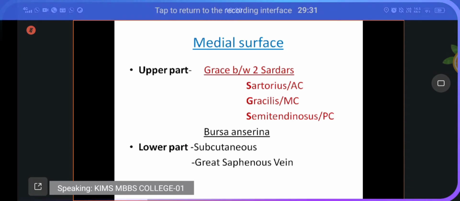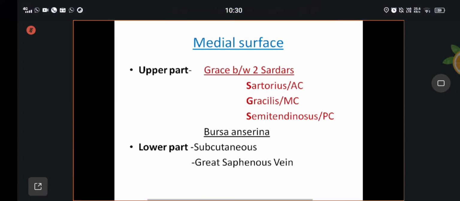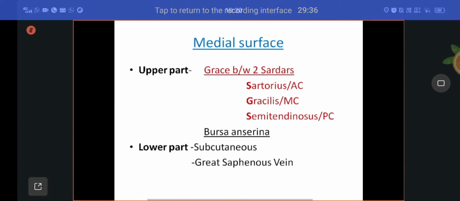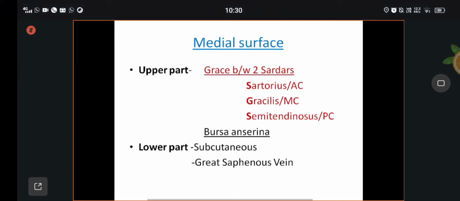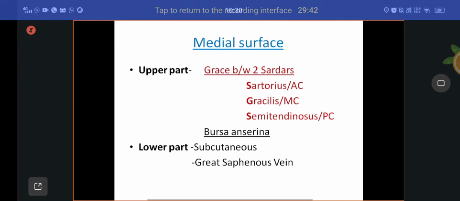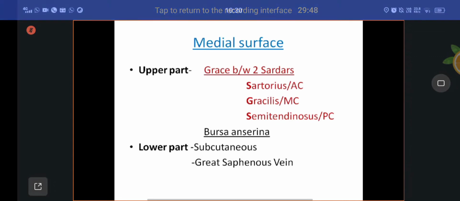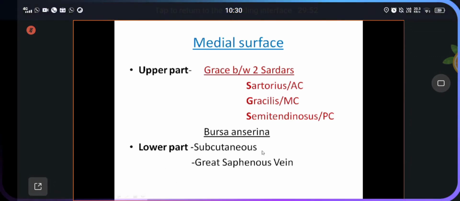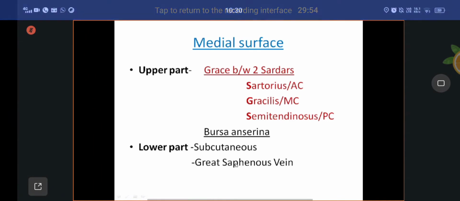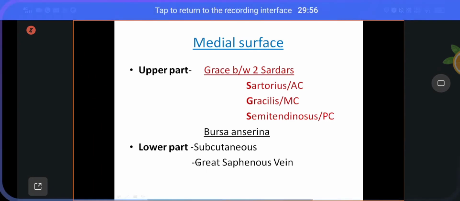The shape of this sartorius insertion is hockey stick. This you have to remember. The shape of the insertion of sartorius looks like a hockey stick, like a U-shaped bilaminar insertion of pectoralis major. This is a hockey stick shaped insertion.